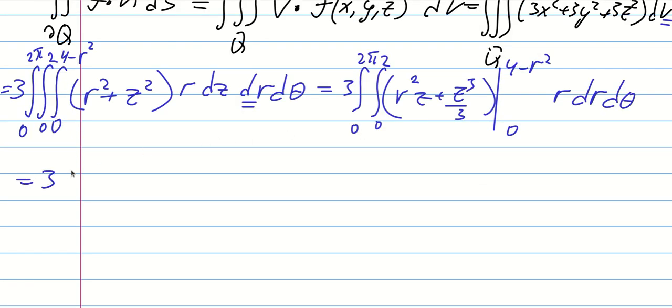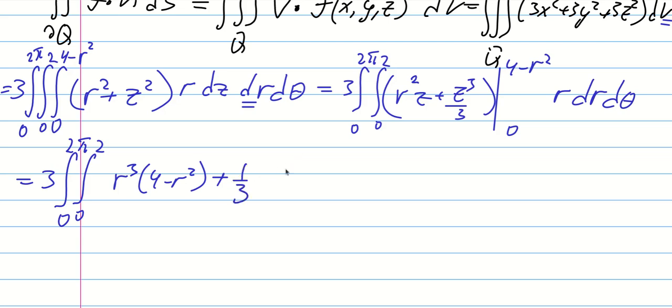And we have the integral from 0 to 2 pi, integral from 0 to 2. And we have r squared times r, which is r cubed over here. Then we plug in 4 minus r squared for z, plus 1/3 from here.